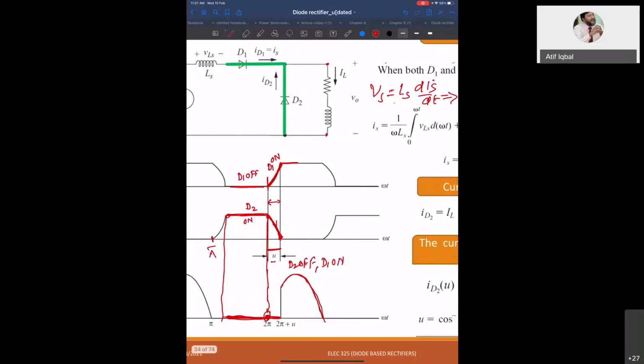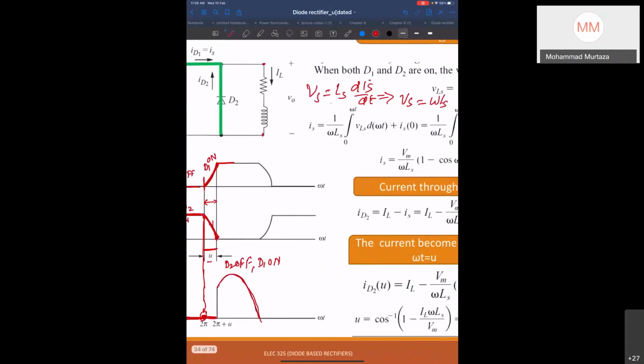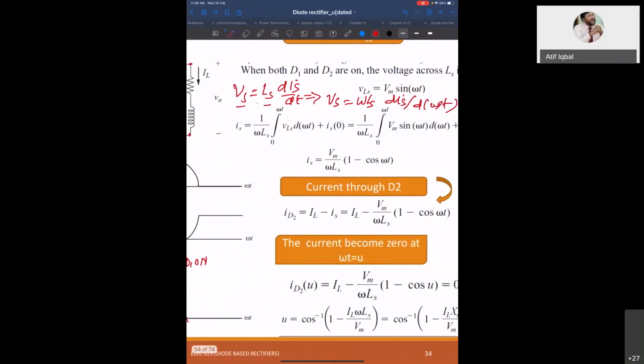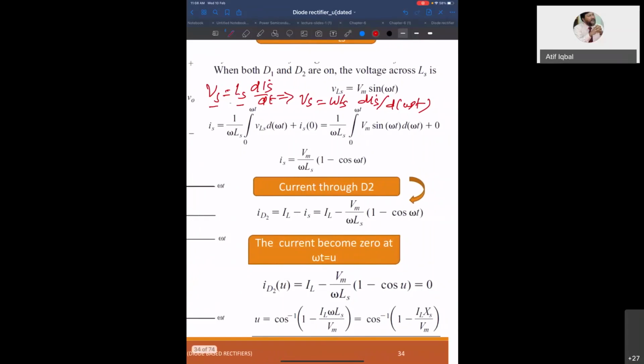So the voltage across the inductor is Vs = Ls dis/dt, and it is equal to Vs, the same as the source voltage.